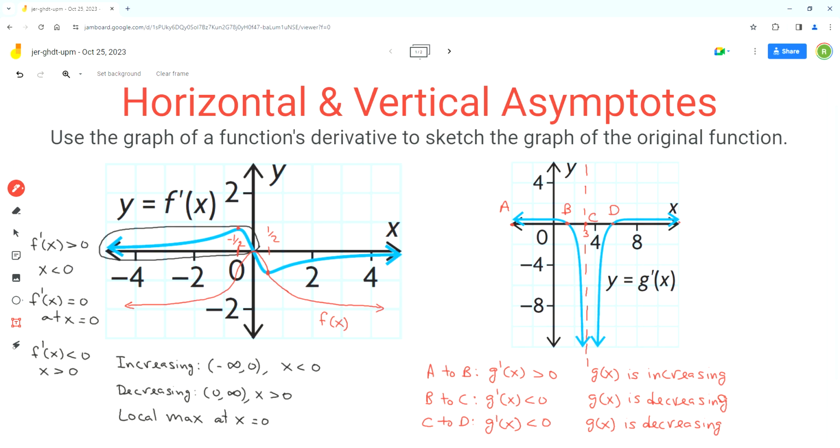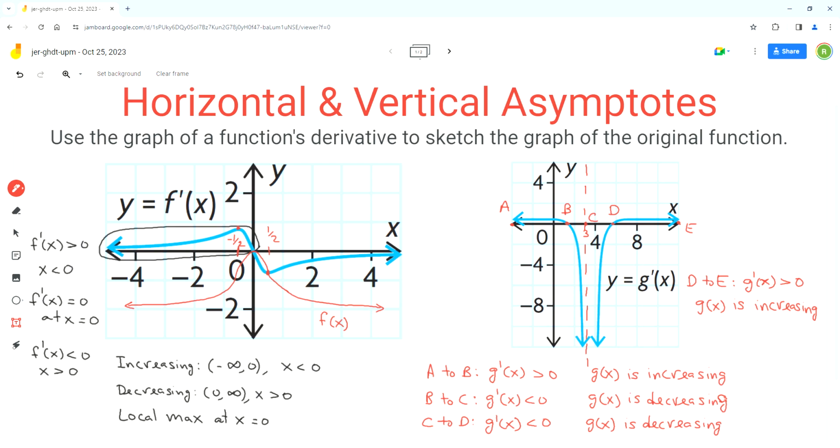And then from D to E, prime of g at x is greater than 0, because the graph is above the x-axis. So that means g at x is increasing in that interval. So these are some very important observations we need to make before we graph the function from its derivative graph.